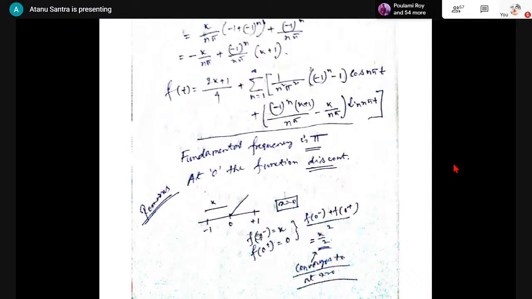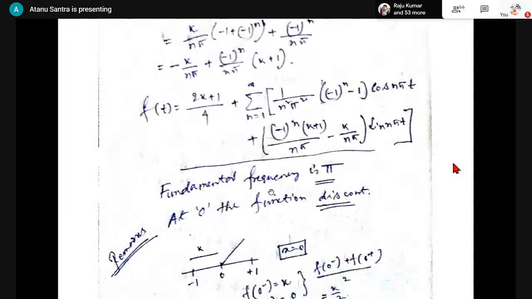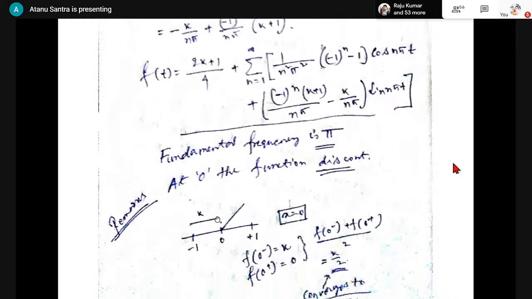If we take t is equal to 0 minus, then the functional value is k, right? And if t is equal to 0 plus, the functional value is 0. If we imagine an imaginary line segment here, then physically the mid amplitude will be the value, right?